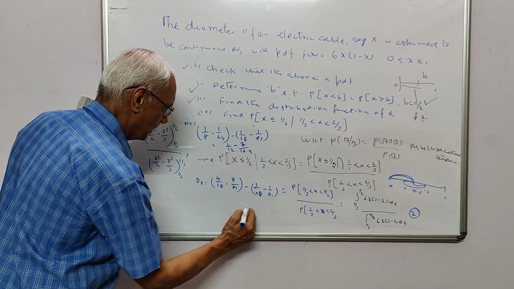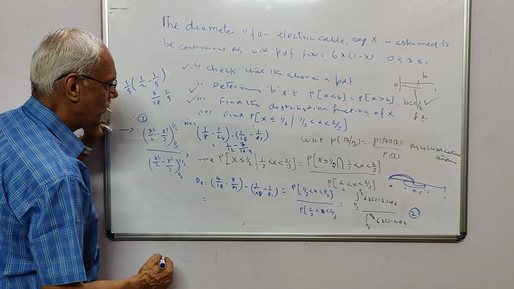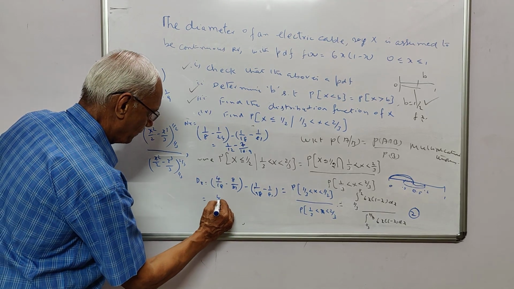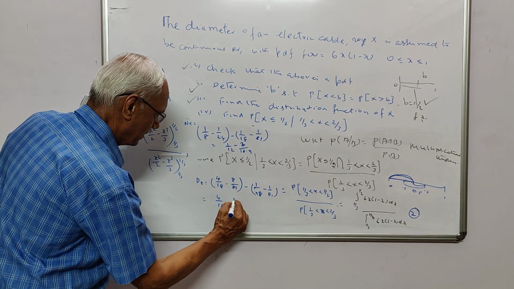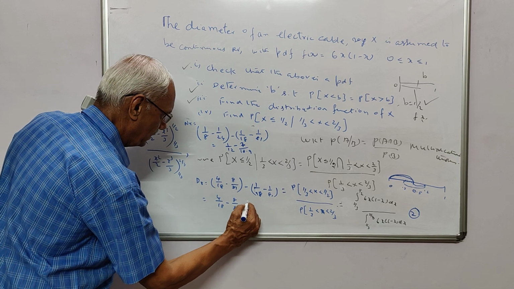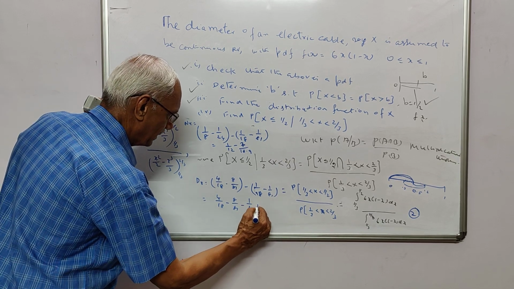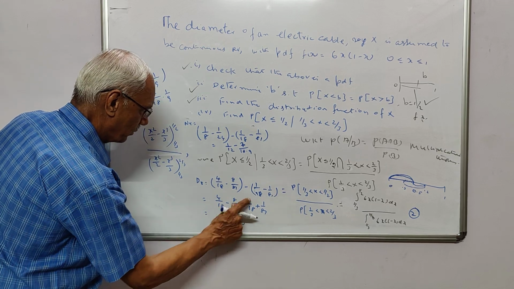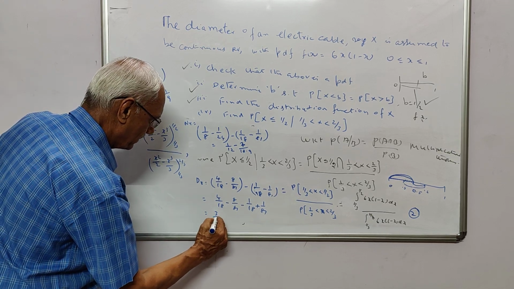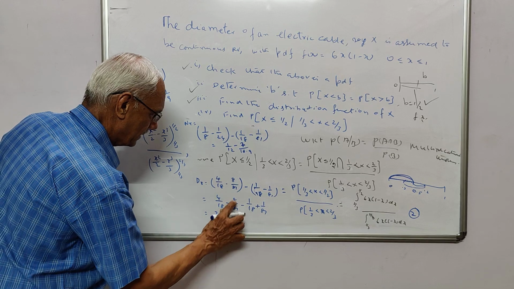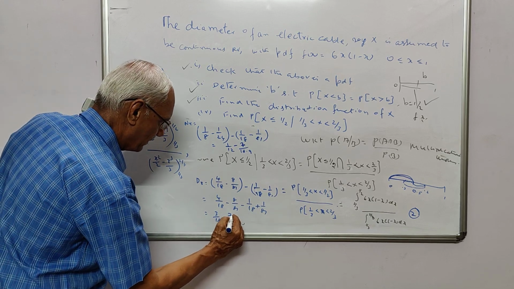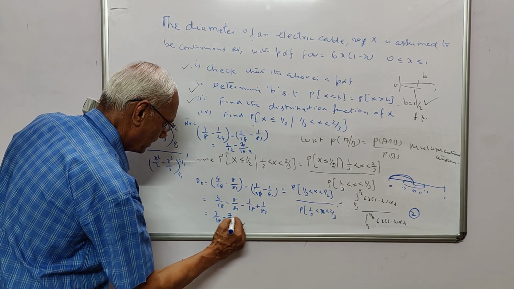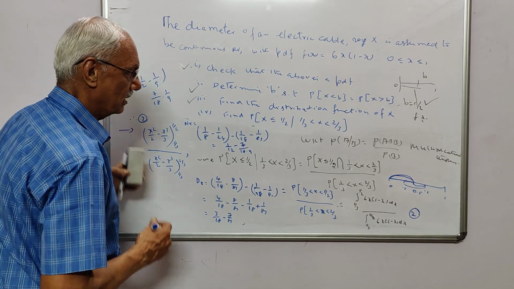So this is what you get. 4 by 18 minus 8 by 81 minus 1 by 81. 4 minus 1 is 3, minus 8 by 81, 7 by 81. So this is what we get here.